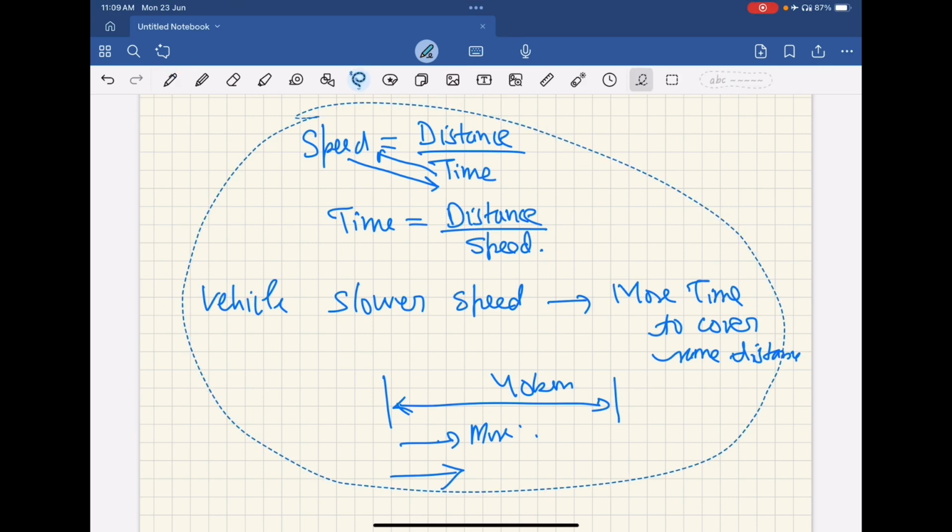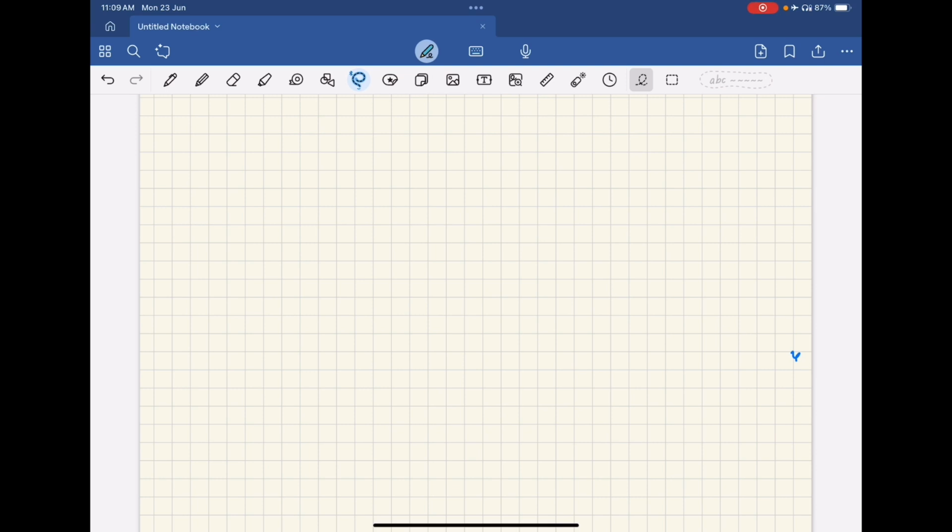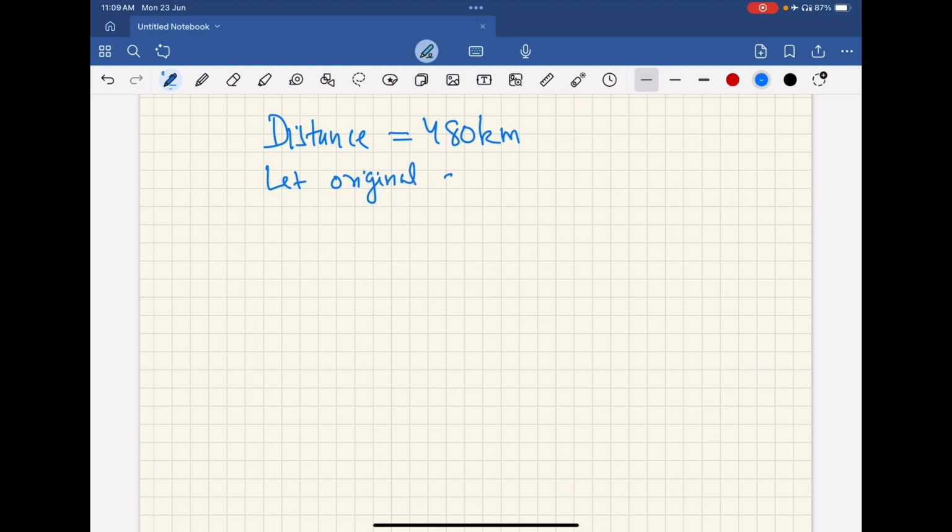Now let us go to the question जहां हम इस concept को use करेंगे. So देखिए क्वेश्चन में हमें क्या दिया गया. We are given that the distance the train is traveling is 480 kilometers, and we will say let the original speed, because हमें speed दी नहीं है, let the original speed of train be x kilometer per hour. ठीक है.